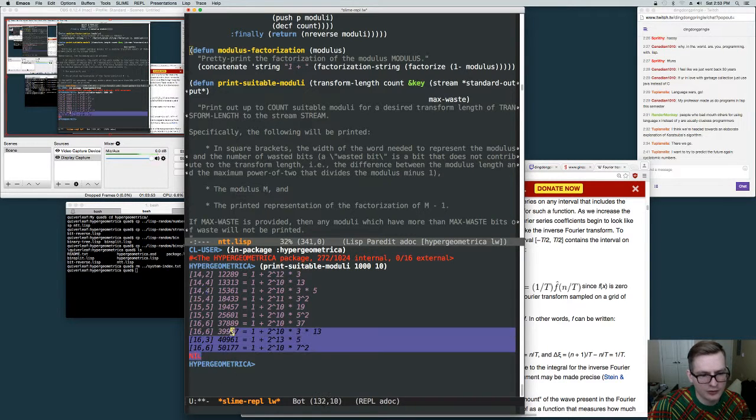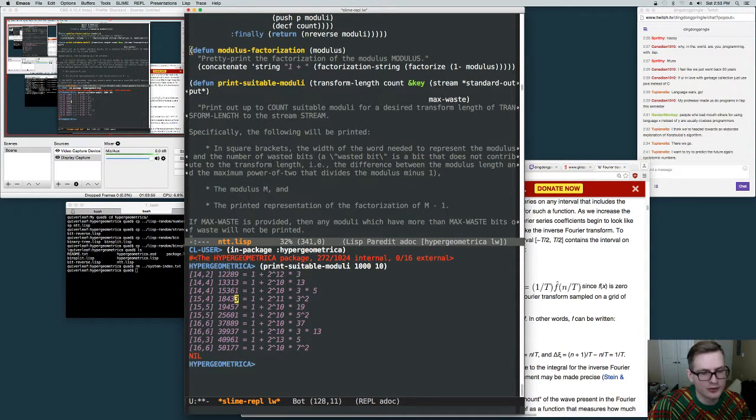Of these moduli right here, this is pretty good: 14 bits, which is within our word limit, and then we only have 2 wasted bits. That's really nice. This is a very large power of 2 multiplied by only this little 3 right here.